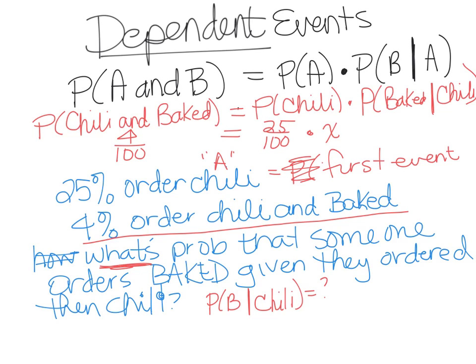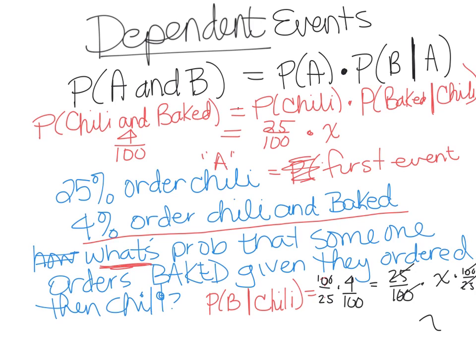So I have to work out the math now. Let me do it down here, I'm running out of room. 4 out of 100 is equal to 25 over 100 times X, what we're interested in. So let me multiply both sides by 100 over 25 to solve for X, because that's going to make X be all by itself, since all those things will cancel.